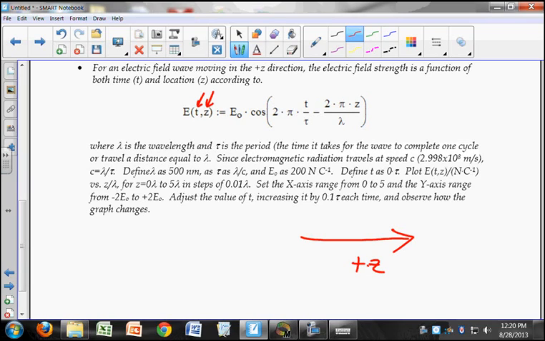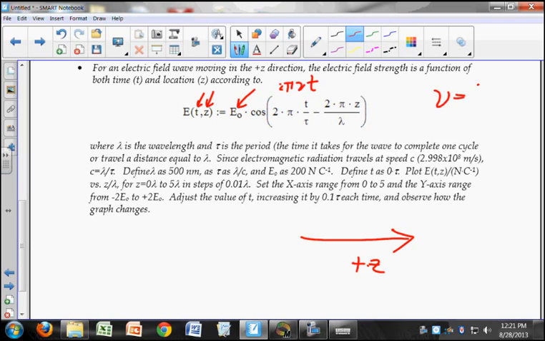And so the expression is the electric field is equal to E naught, the amplitude, times cosine of 2 pi t over tau, where tau is the period, the time it takes for one cycle to complete, minus 2 pi z over lambda. You can also call this 2 pi nu t.